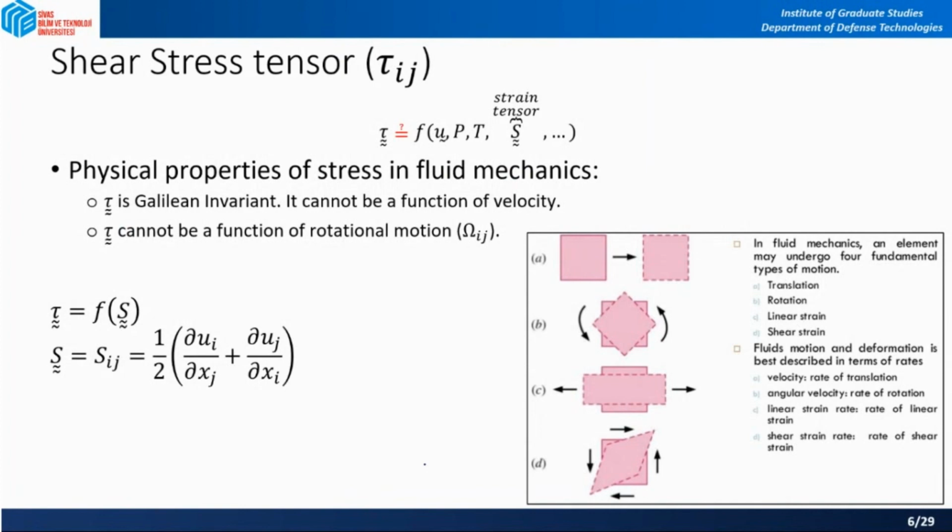Tau is a kind of stress, and it is a force per unit area. That is something we know as Galilean invariance. What does it mean, Galilean invariance?